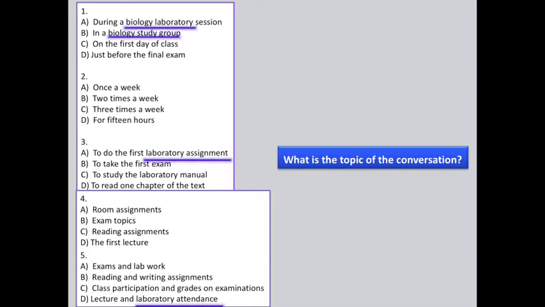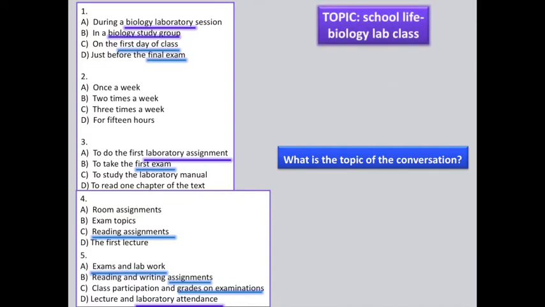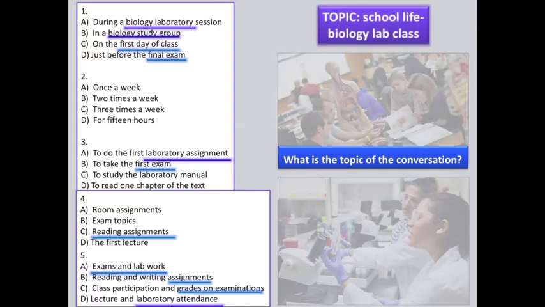Look, there are a lot of words about biology labs, and there are a lot of words related to school, like class, exams, and assignments. So before we even hear the audio, we can guess that the topic for this talk will be school life and a biology lab.